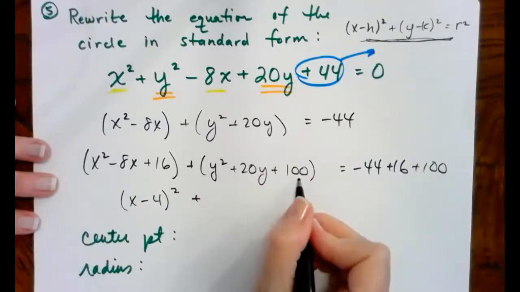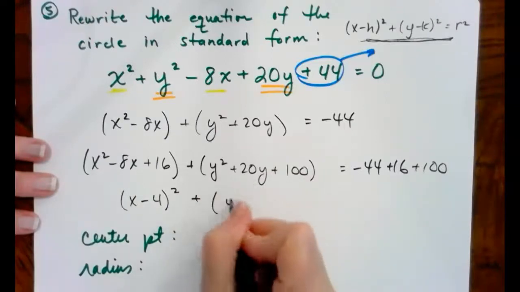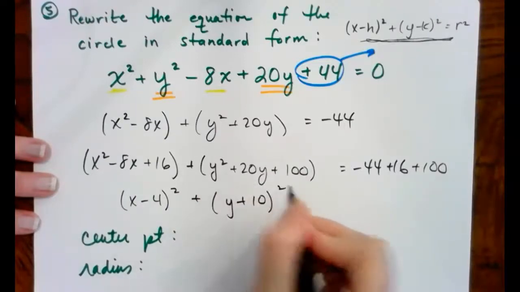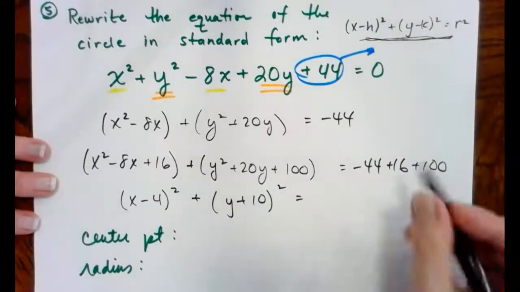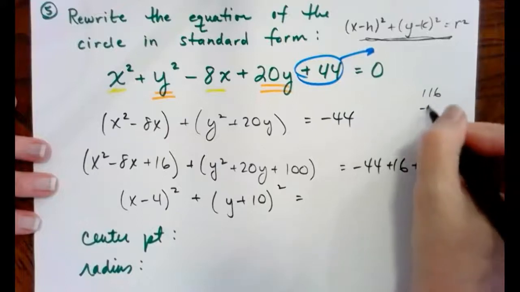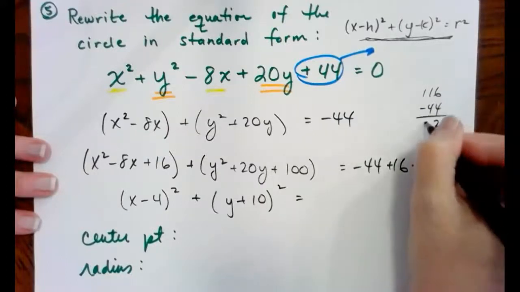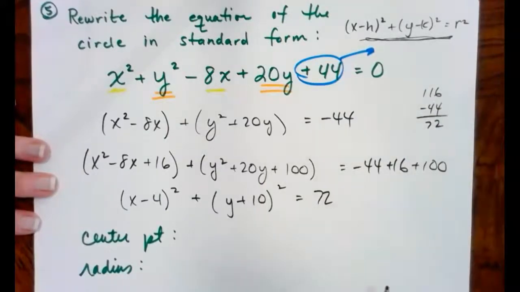Next, factors of 100 that add up to 20 are 10 and 10, so (y plus 10) times (y plus 10). Negative 44 plus 16 plus 100, that is 116 minus 44, that is 72. So now we have rewritten our equation in standard form.